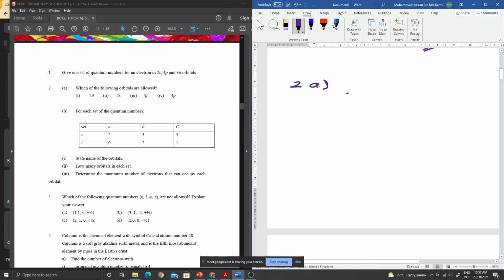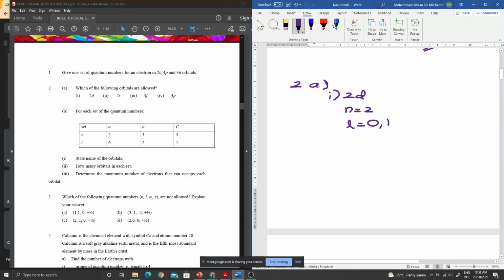Okay, cara nak buat dia, contoh kita tengok untuk number 1, 2D. So if n equal to 2, okay, L should be daripada apa sampai apa? Start dari 0. Always remember L always start dari 0 sampai n minus 1 kan? 1. Yes.